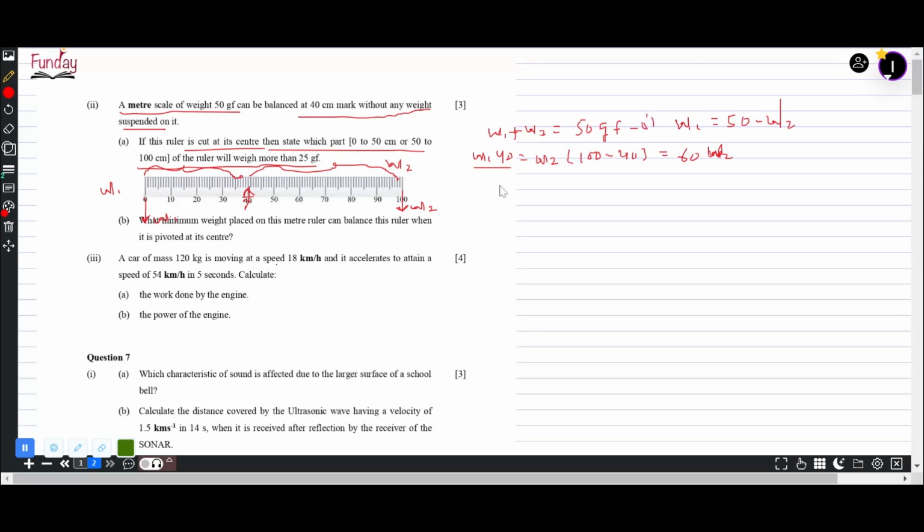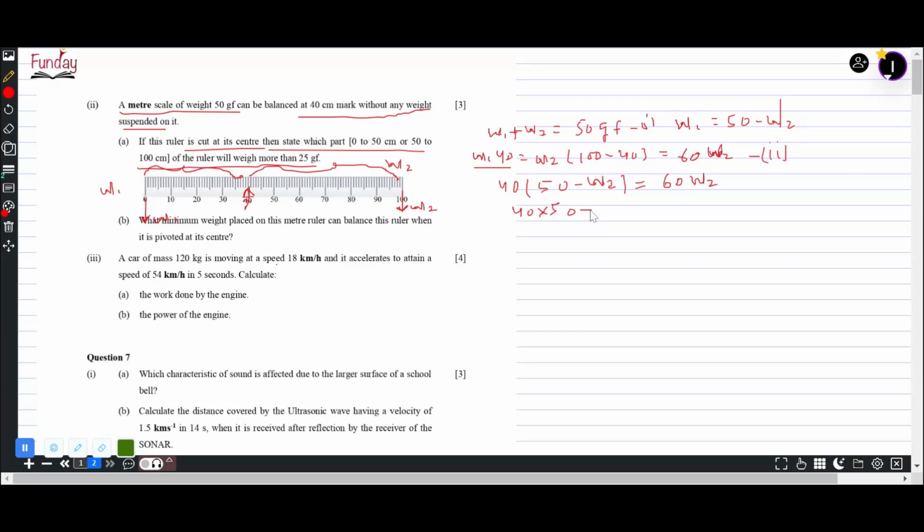So we'll put this here and make it 40 into 50 minus W2 is equal to 60 W2. This was our equation 2. You must have done linear equations in maths, so all of this should be sounding pretty familiar to you, right?